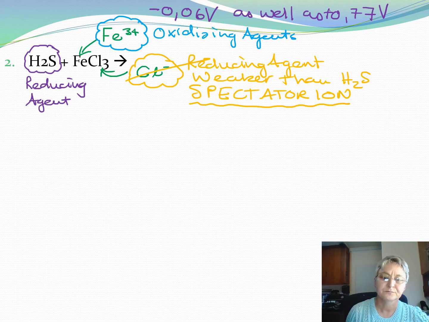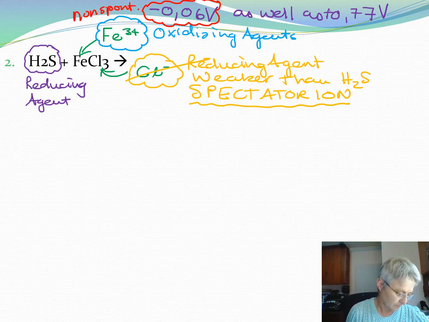Now, the one at the 0.06, that one will lead to a non-spontaneous reaction with the hydrogen sulfide, because for that the Fe ion is a stronger reducing agent than the H2S.